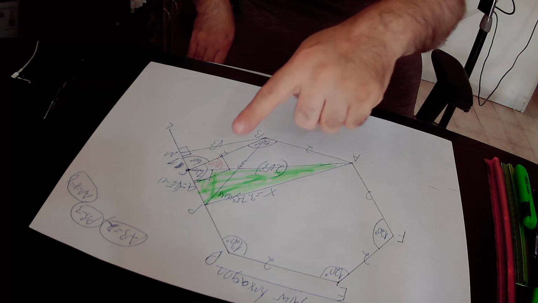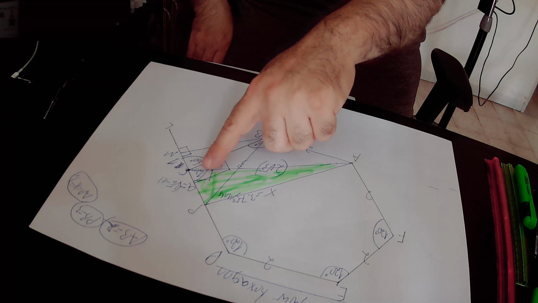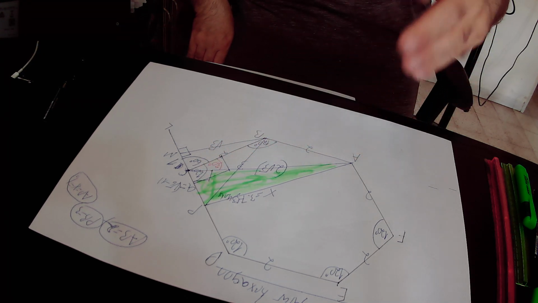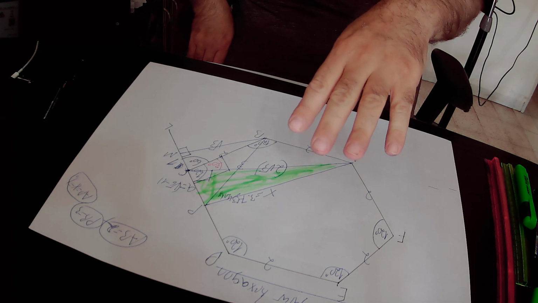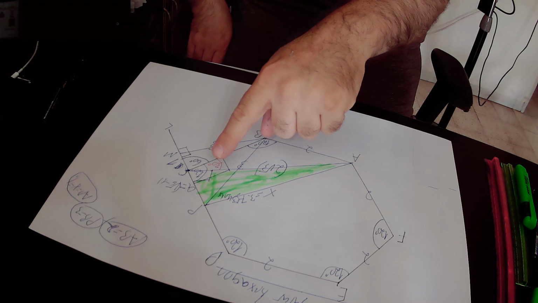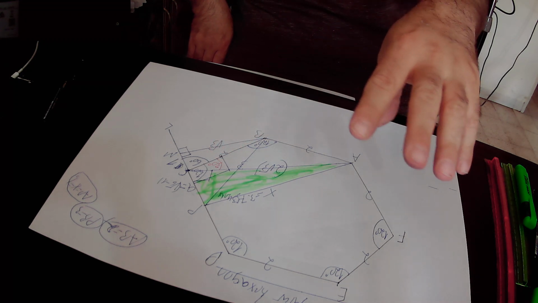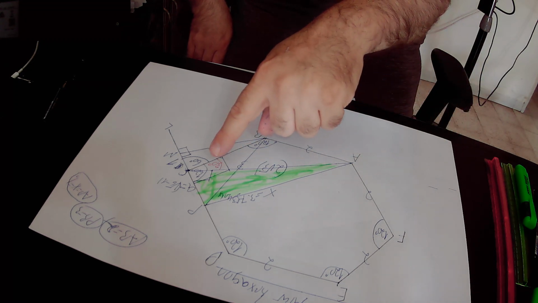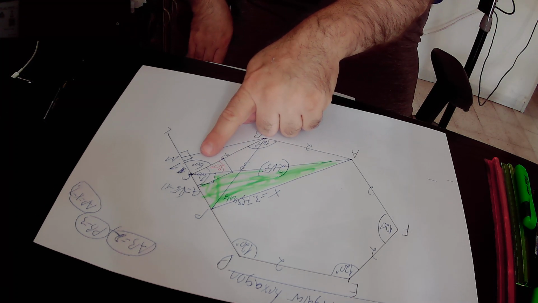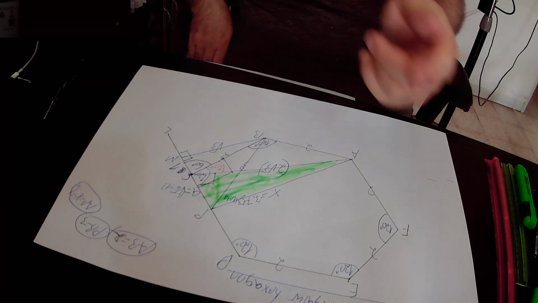This angle is 1 out of 6 interior angles of this regular hexagon, and each of the interior angles equals 120 degrees. So this angle equals 120 degrees. Plus the missing angle, in total the sum of those two angles must be equal to 180 degrees according to rule number 1.